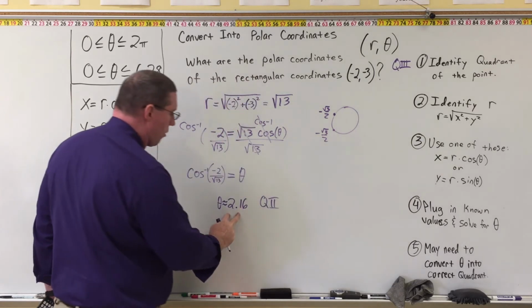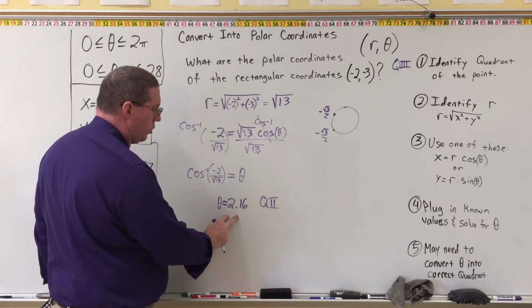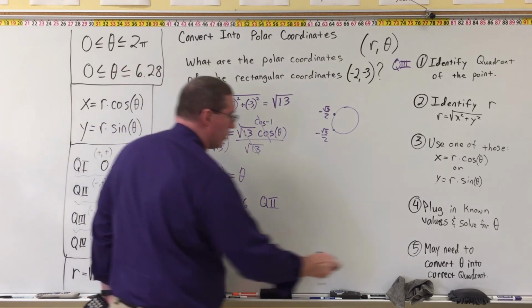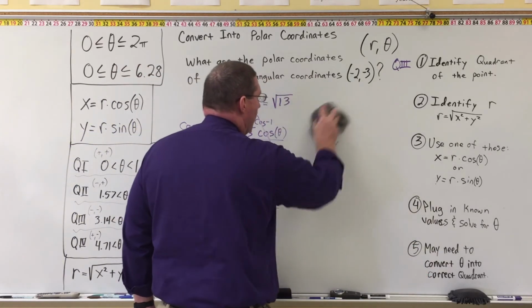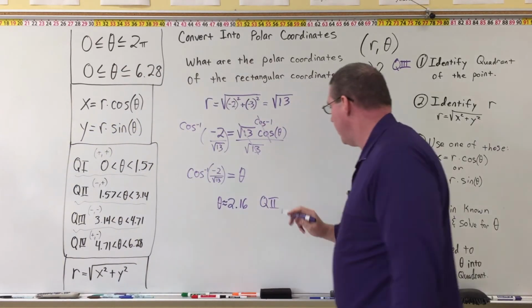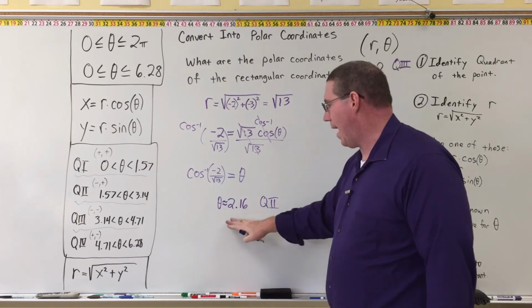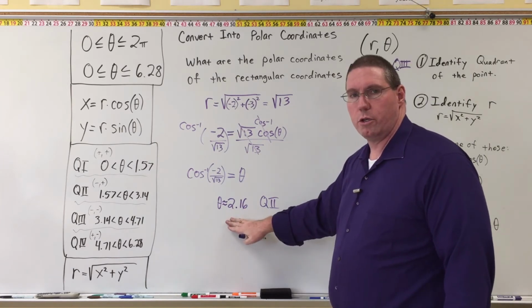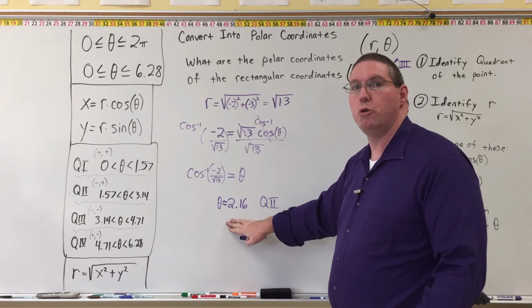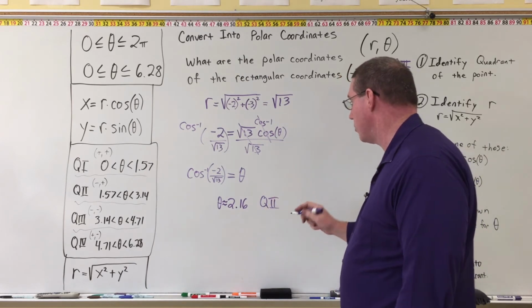Well, this is giving us our second quadrant solution for cosine. We need our third quadrant solution for cosine. And if you recall, I said a few lessons ago that you have to subtract your second quadrant solution from 2 pi in order to get your third quadrant solution.